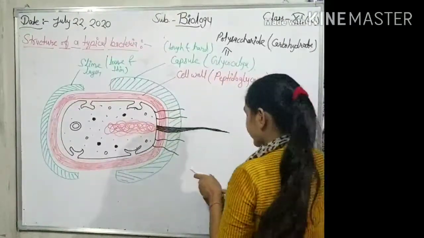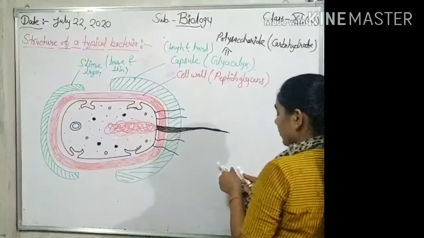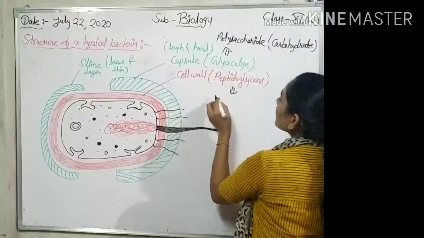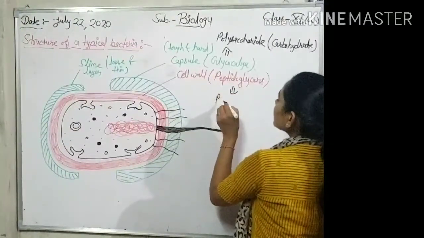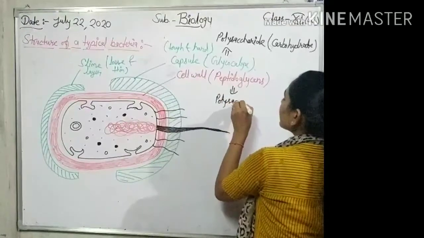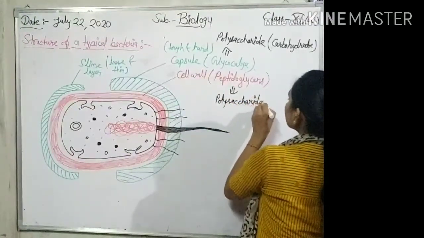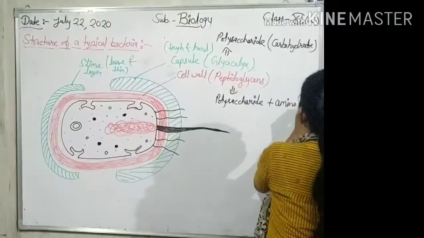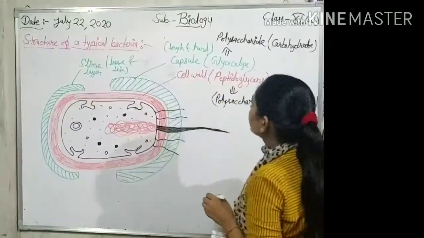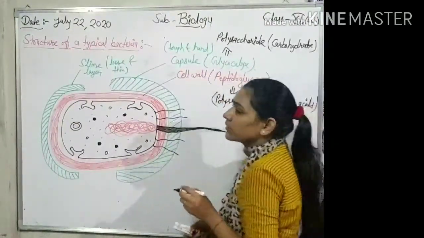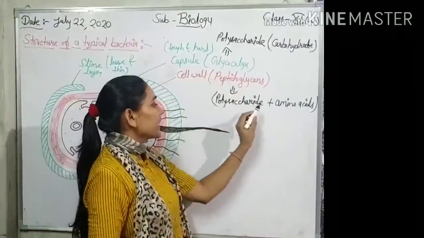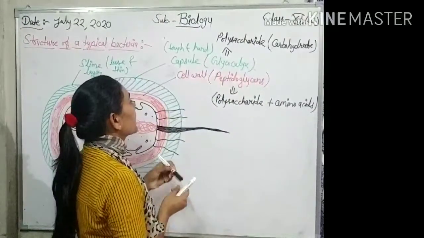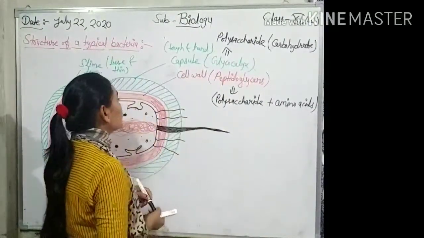Peptidoglycans are also known as murein, and it is a polysaccharide and amino acids part. It means peptidoglycans are made up of polysaccharide and amino acids. Cell wall is the second protective layer.